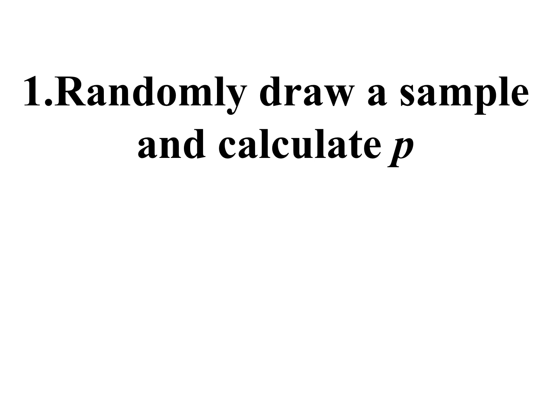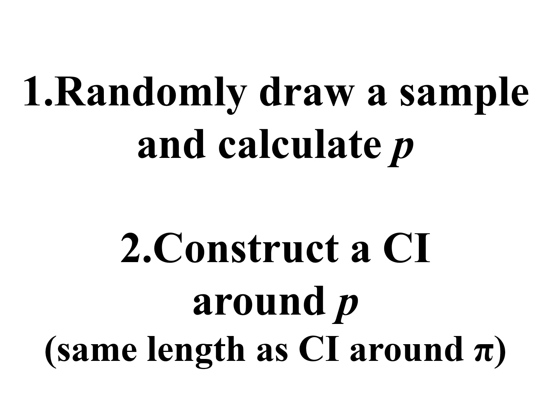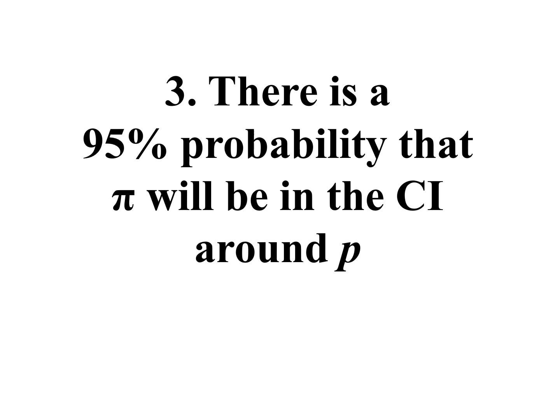So, let's say Joanna randomly draws a sample of voters and calculates p, and she finds that it is 0.53. She can construct a confidence interval around 0.53 that is the same length as the confidence interval around pi. There is a 95% probability then that pi will be in this confidence interval around p.